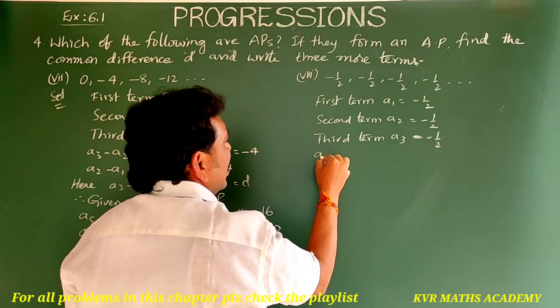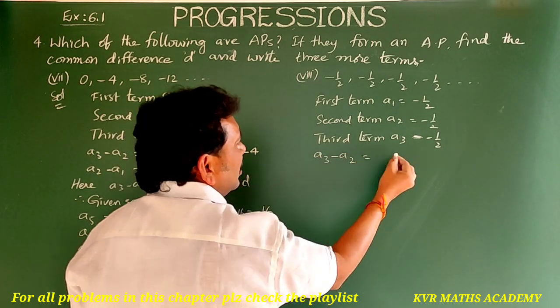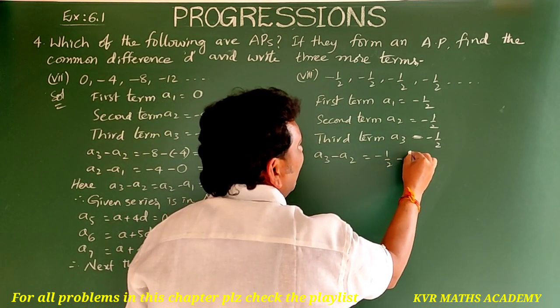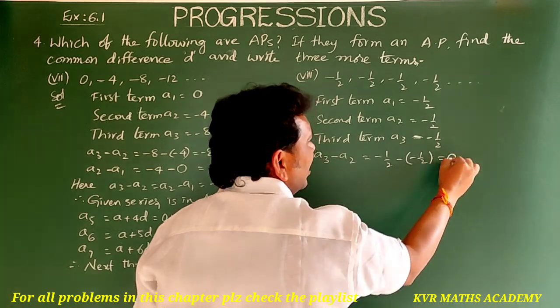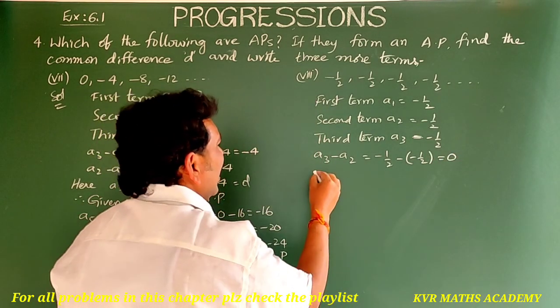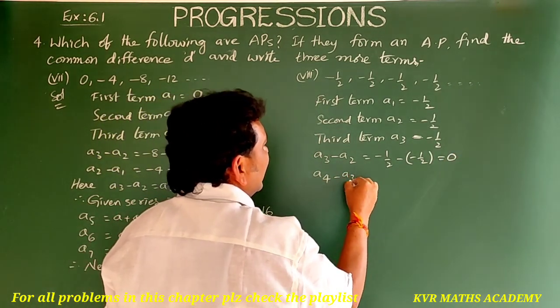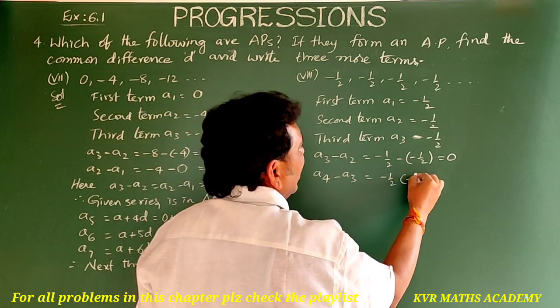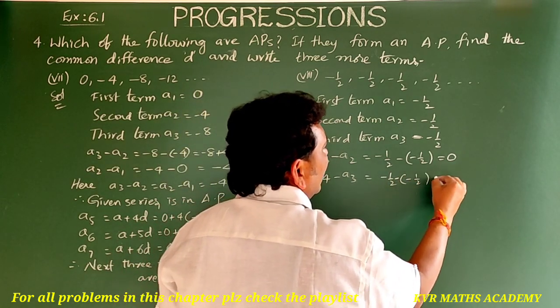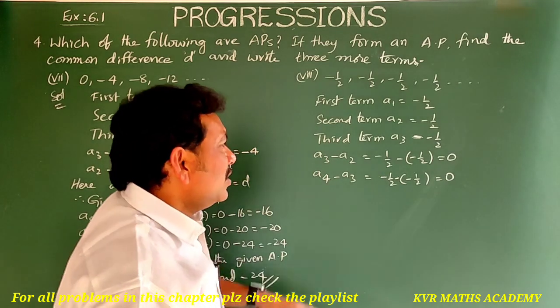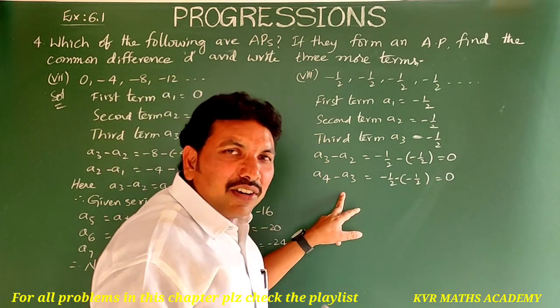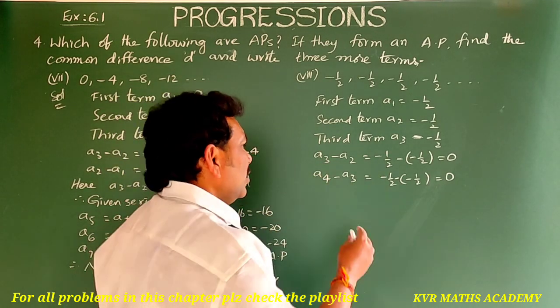A3 minus A2 is equal to minus half minus minus half, 0 only. Next, a4 minus a3 is minus half minus minus half, that is also equal to 0. So here a3 minus a2 is equal to a4 minus a3.